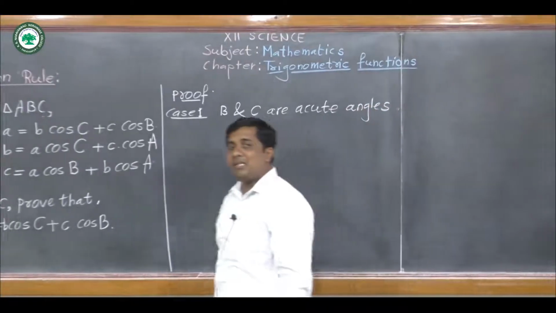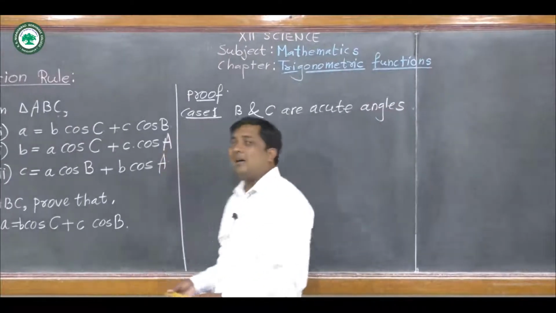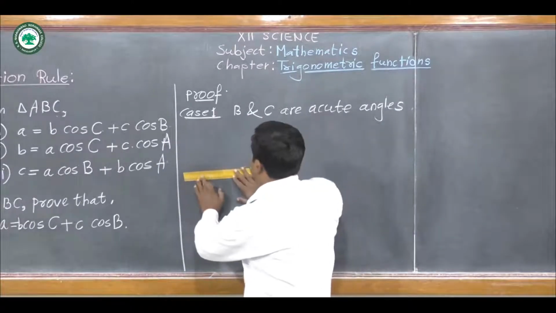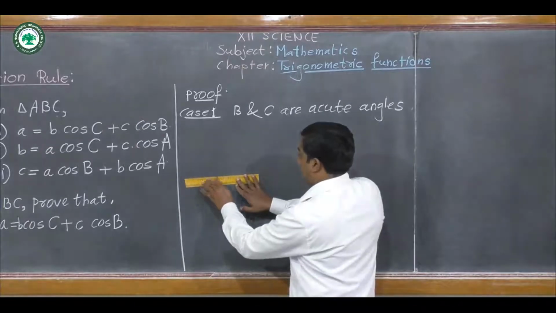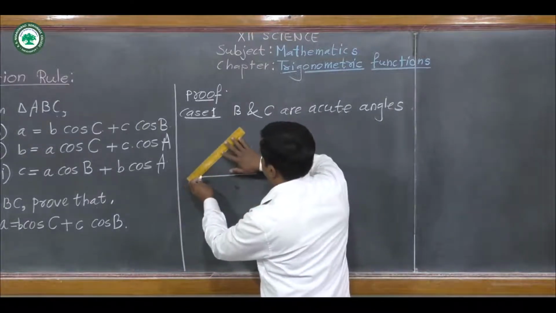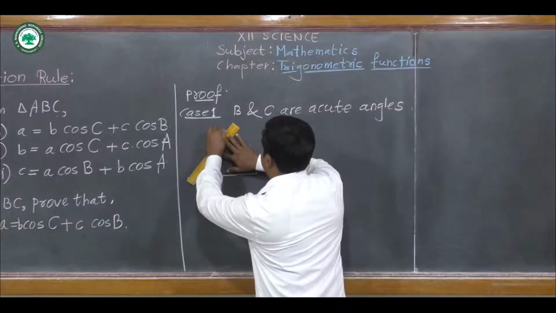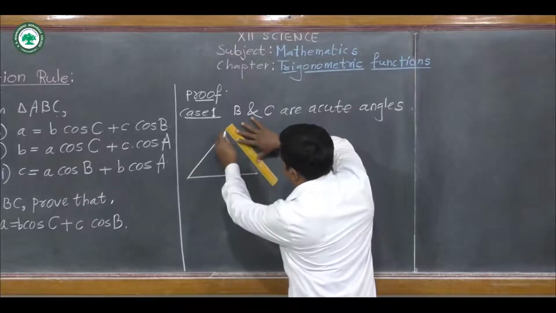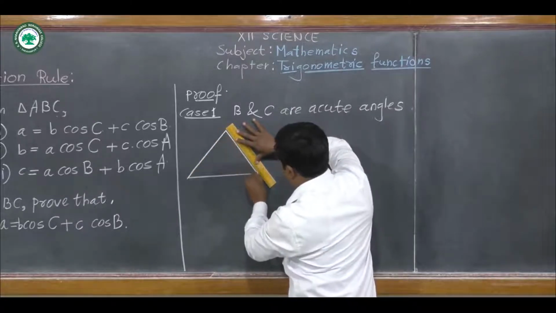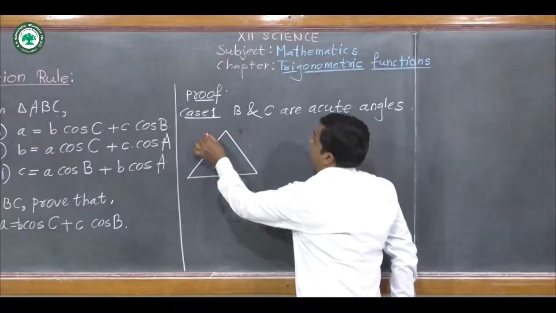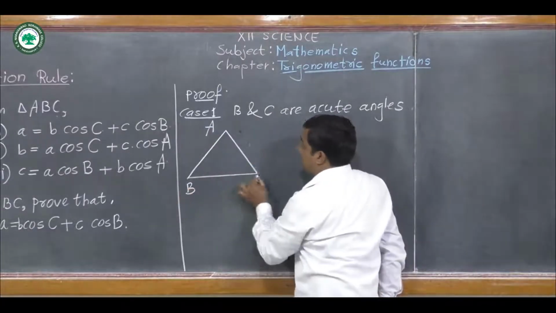To define this case, we consider one triangle in which B and C are acute, so we draw one figure for this case. This triangle is ABC.